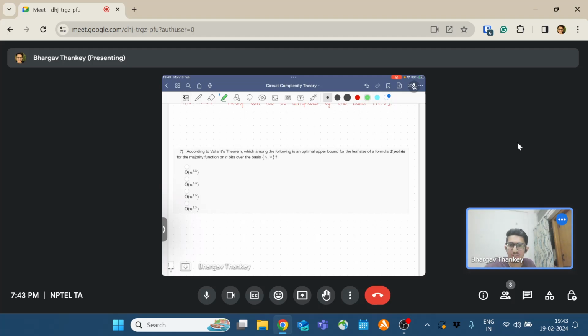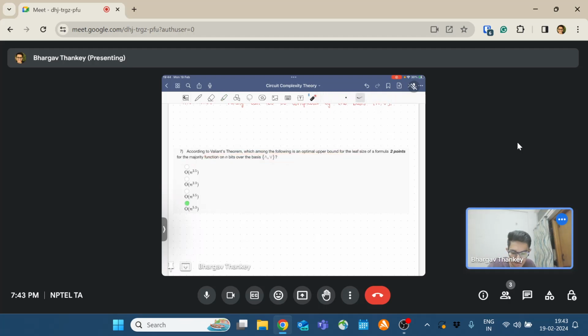Valiant's theorem was a monotone circuit of size n to the 5.3 for majority. But a monotone circuit is exactly a circuit computing using just OR and AND gates. So this is just another way to state Valiant's theorem.